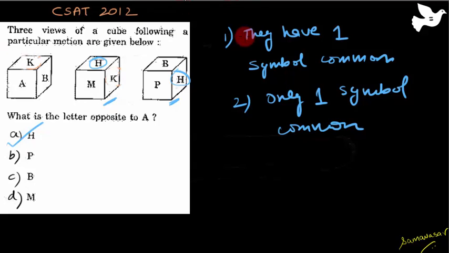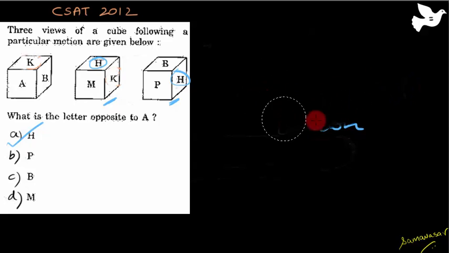Now obviously you're wondering what I just did and how I got this answer. So I'll show you the basic technique. You need to understand one thing. If in a particular cube I have A given, then K and B cannot be opposite to A because they are visible in this cube to me. So opposite to A will be the back face.